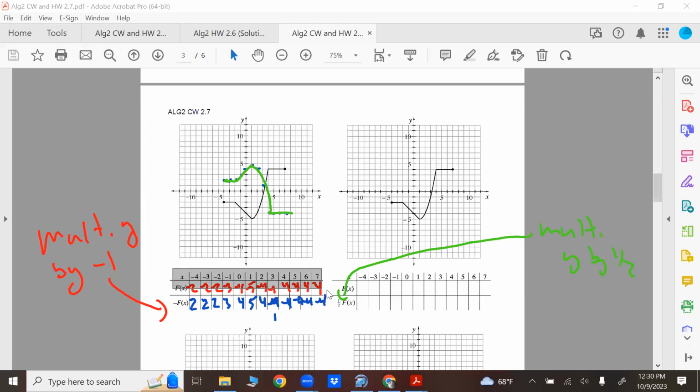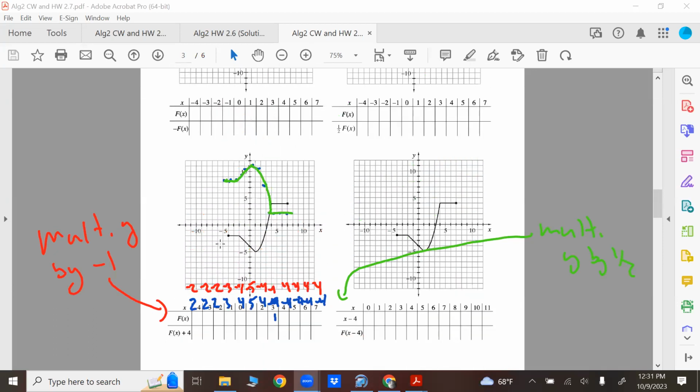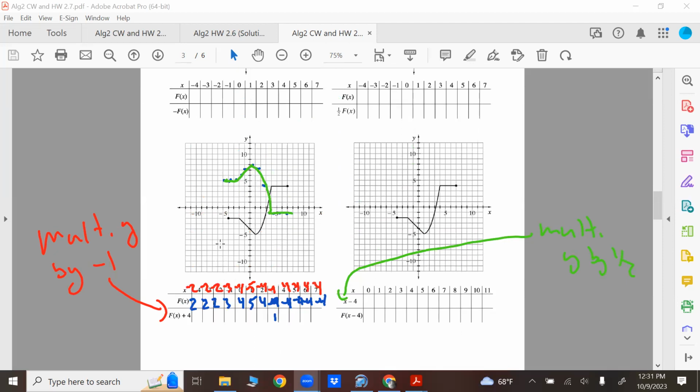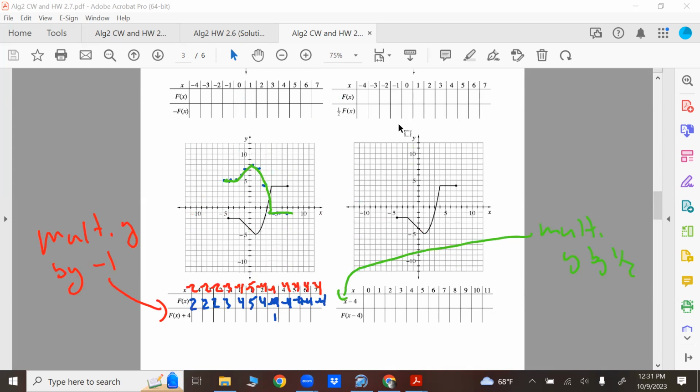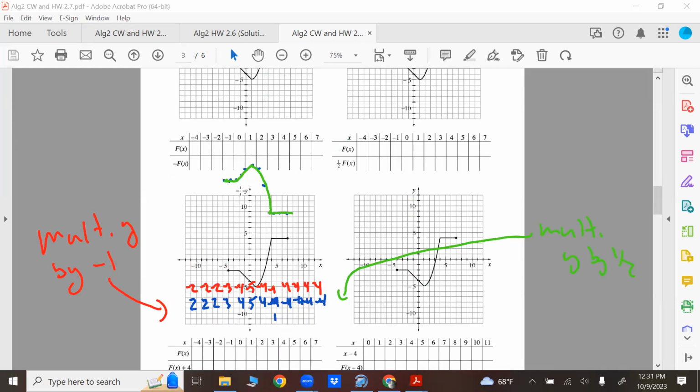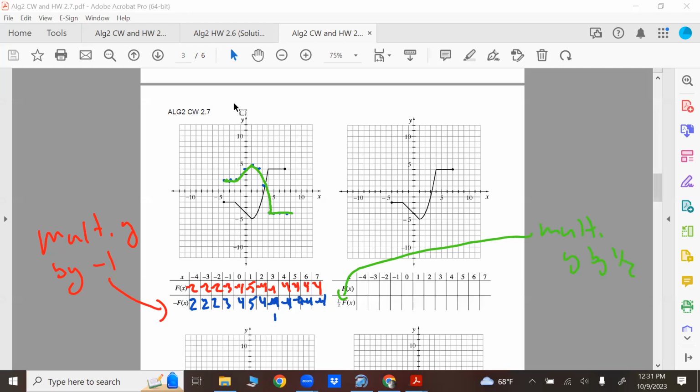So here's what I'm going to do to save some time. I'm going to copy and paste this. So Control C. Let's do the one in the lower left corner. Let me try this again, if I can copy and paste. Apparently not. Okay.